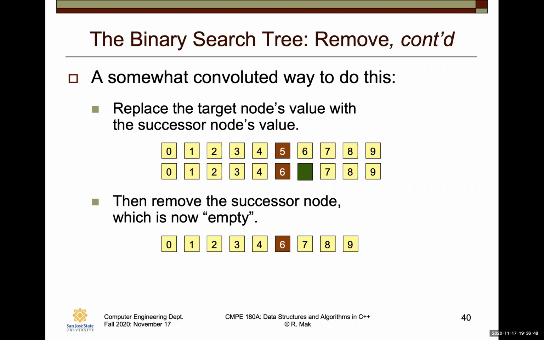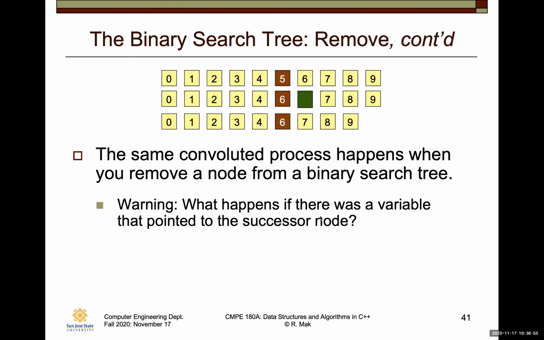Now this solution does have a problem that can occur. What happens if we had a pointer to the successor node? What if there had been a pointer to the 6, and now we've removed the 6 and it's gone?